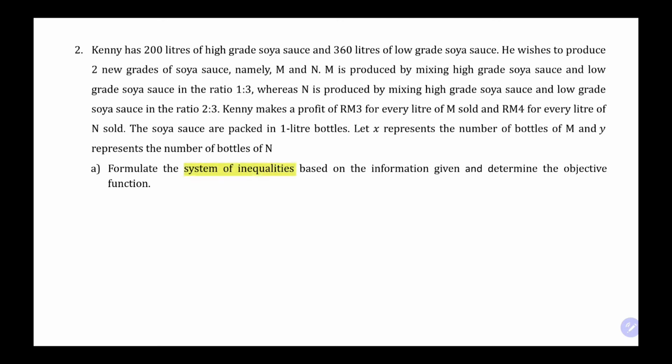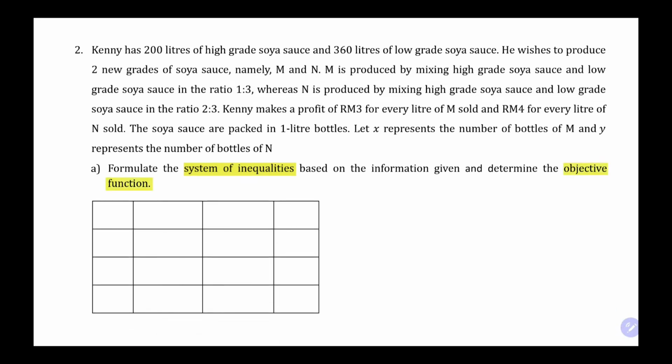So, we need to find the system of inequalities and we determine the objective function. We create a table to put the information. Soya sauce, we know it has high grade soya and low grade soya, and it is named M for x and N for y. Bottles M produced by mixing high grade and low grade soya sauce in the ratio 1:3.